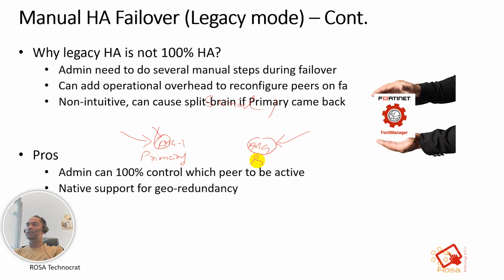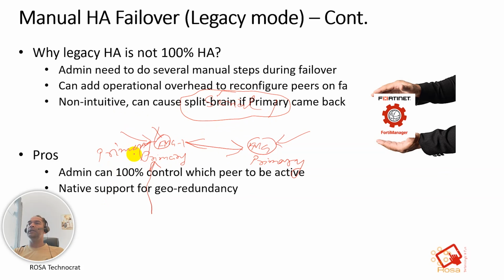Now this is the primary, because that box is down. Now when this comes back, this will also be a primary, and in that case there can be a split brain, where they will say I am primary, I am primary. So that is called split brain if the primary came back.